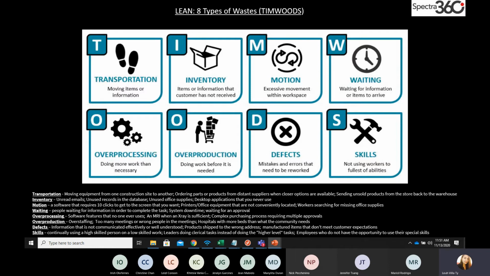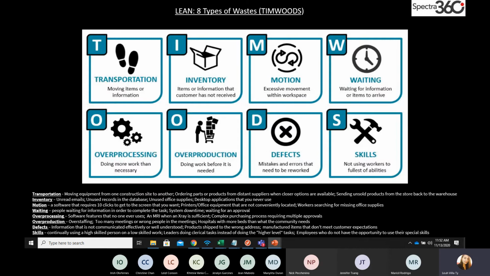Motion, in the meantime, would be excessive movement within the workspace. Now, ladies, you might have a question later on, what's the difference between motion and transportation, because it sounds like the same. Just to let you know, transportation deals with movement of items or information, while motion deals with people. It's the movement of people within the workspace.